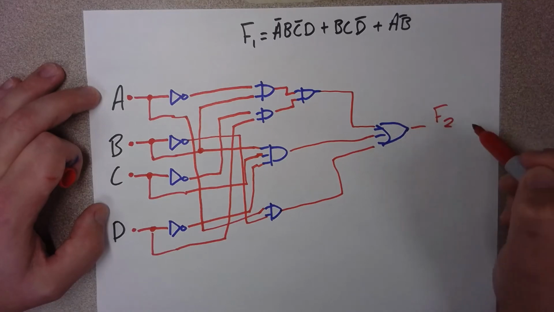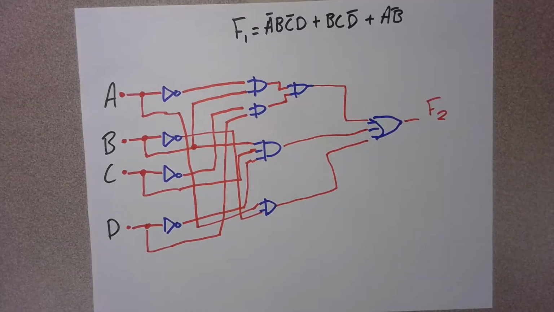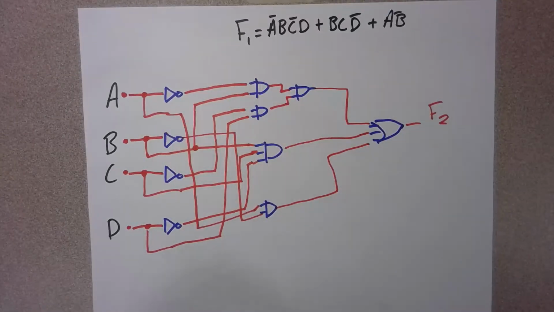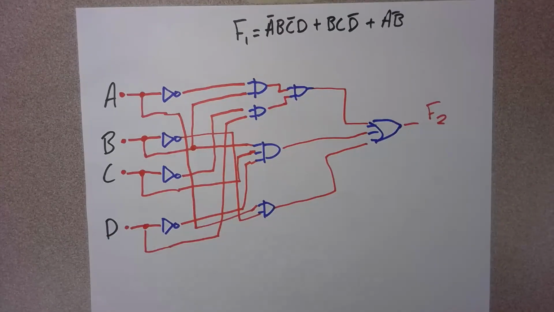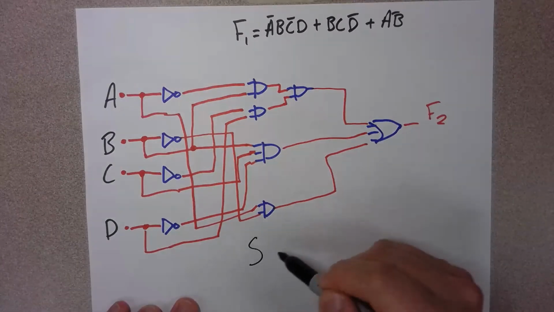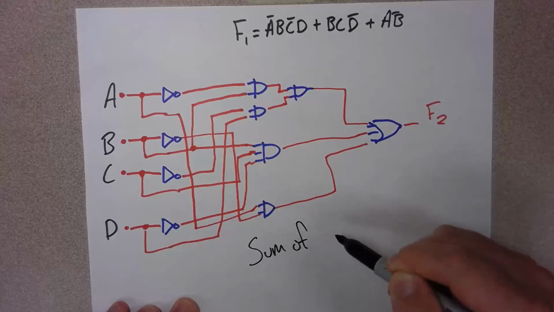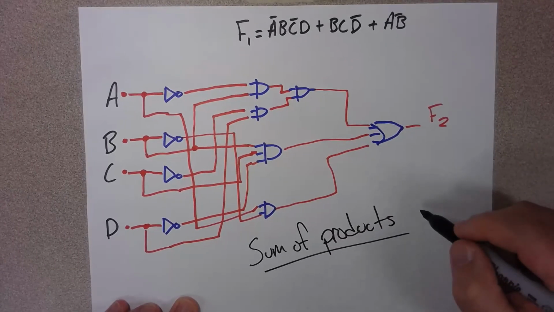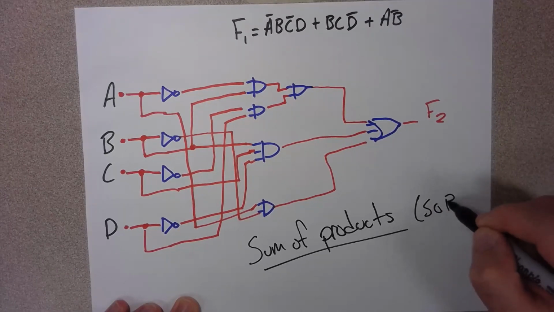You get F2. So that is the way that you can take a logic expression, and we turned it back into the circuit by a method called the sum of products, sometimes abbreviated as SOP.